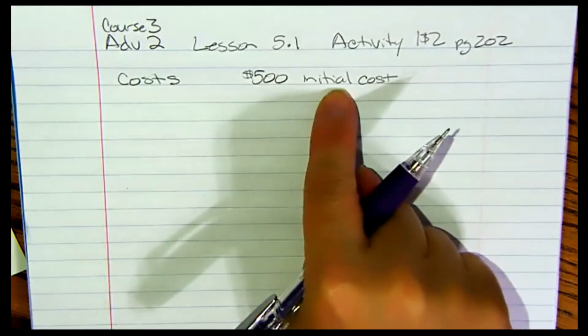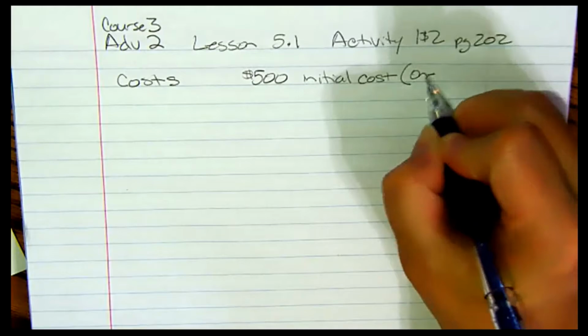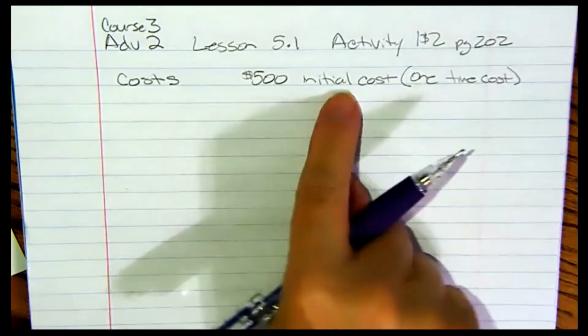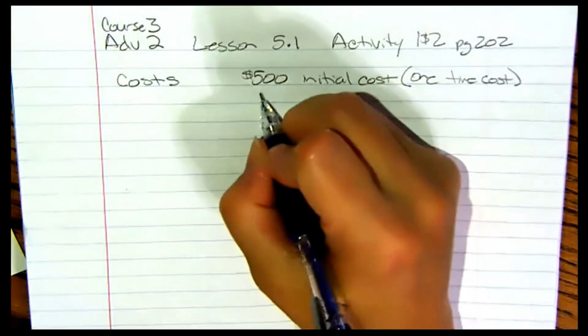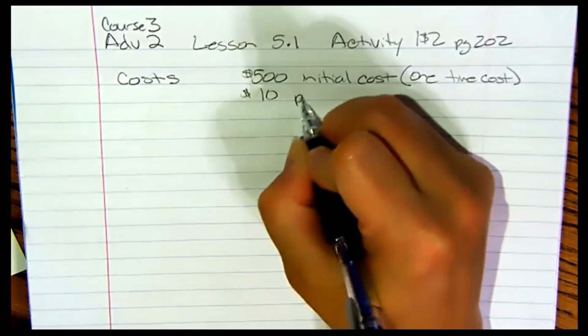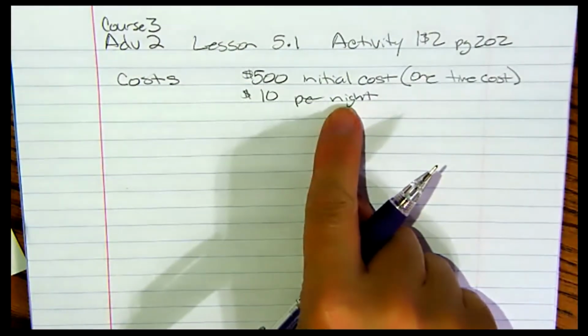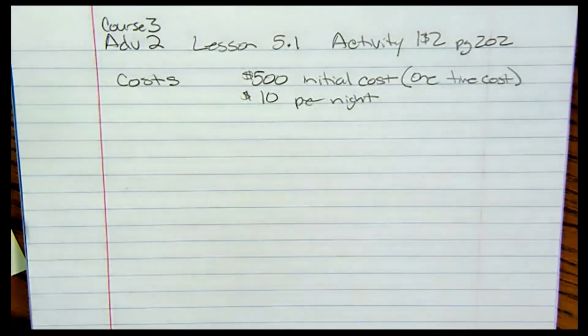This is a one-time cost because we had to fix up the room. Then it costs $10 per night for food and utilities. So $10 per night for food and utilities.